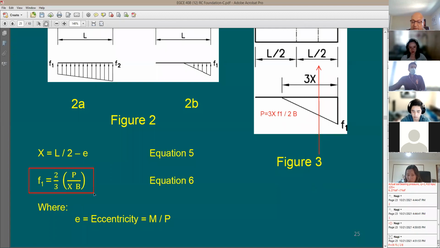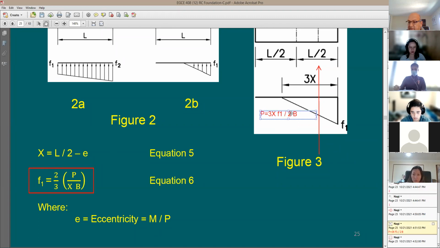So, okay, what is this based on? It's going to be based on the vertical load, X distance, and B. What is B? The width, perpendicular to. So if you just take this equation without even replacing X with L divided by 2 minus E, F1 is going to be equal to P times, this is going to be this P, right?